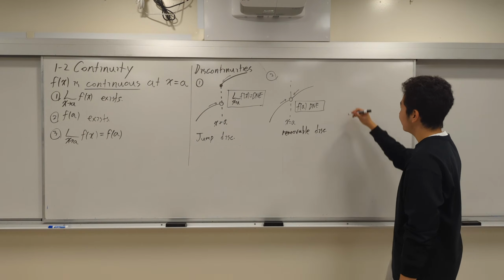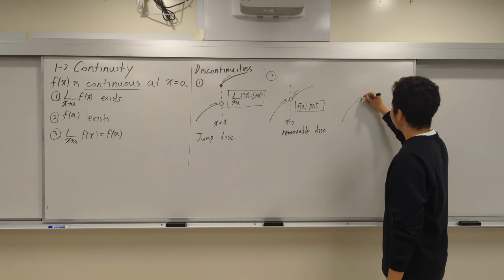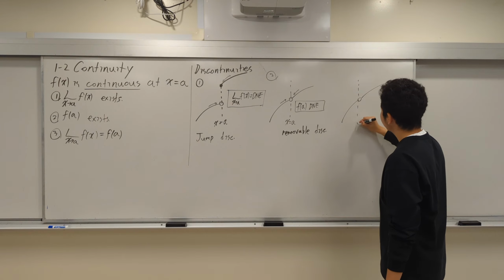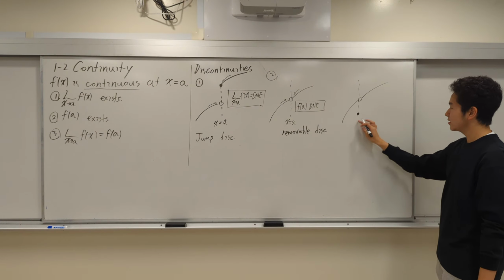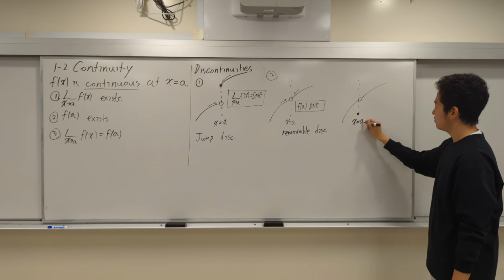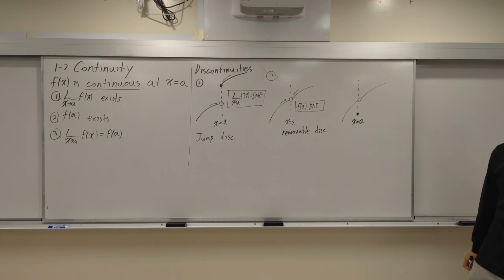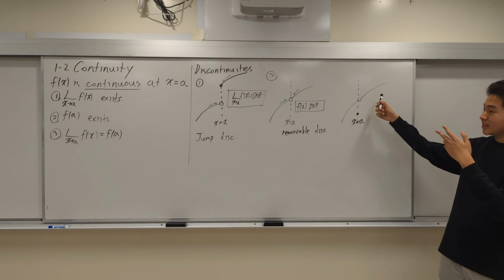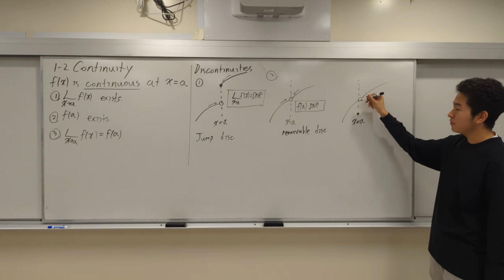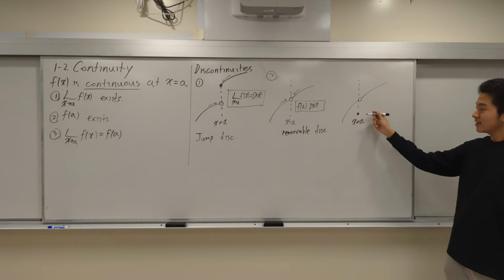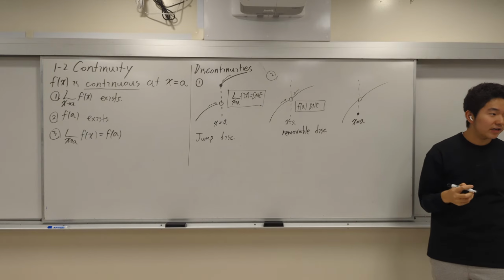Okay, how about this guy? We do a similar thing, but I redefine the function, I don't know, like here. Is this continuous or not? No. Does the limit exist? Yes, it's here. Does the function value exist? Yes, it's here. But does the limit equal the function value?